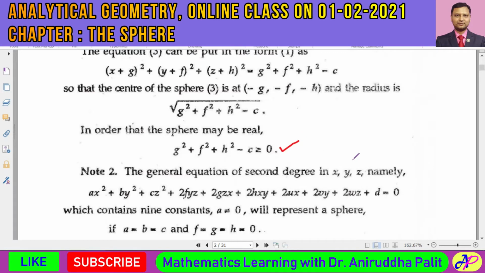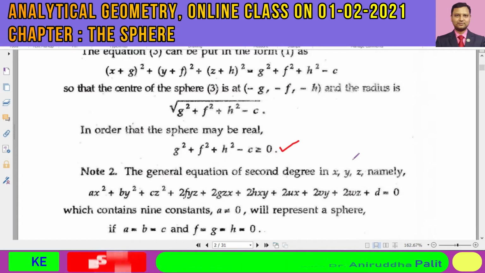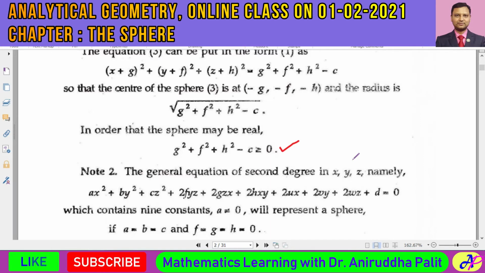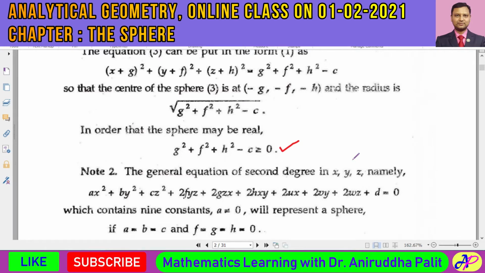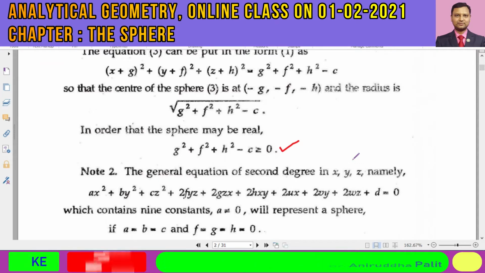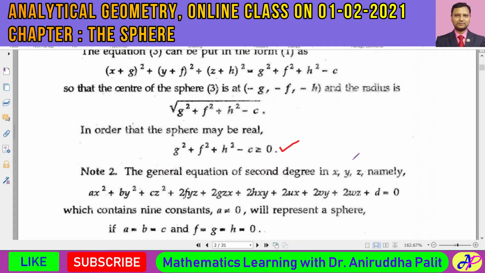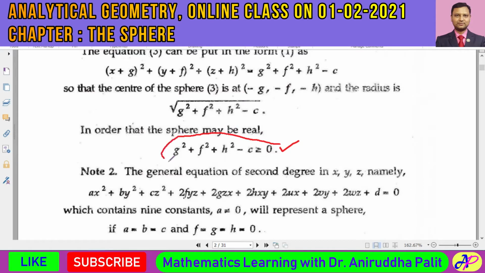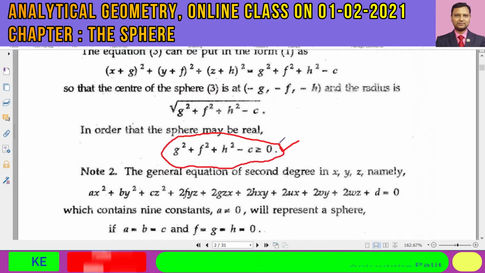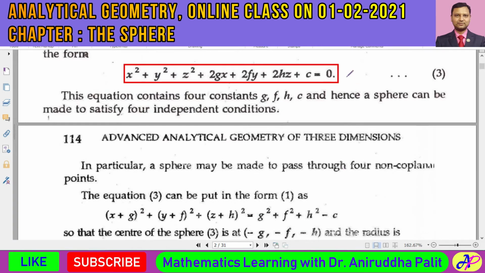If by chance it is less than 0, then there is no such sphere at all, or we can theoretically say that the sphere would be an imaginary sphere, just like an imaginary pair of straight lines we discussed in two-dimensional geometry. So that is the condition under which this given equation would represent a real sphere.